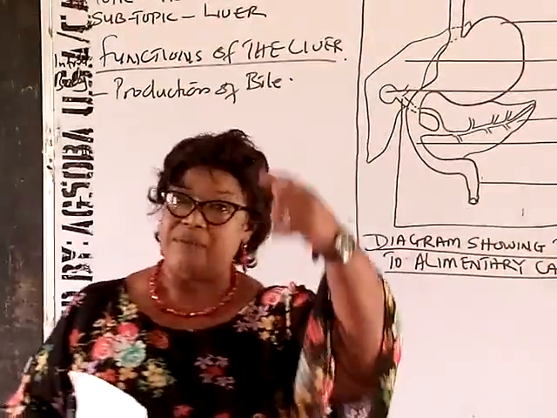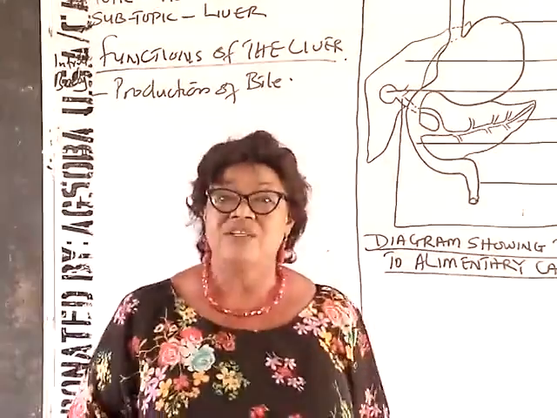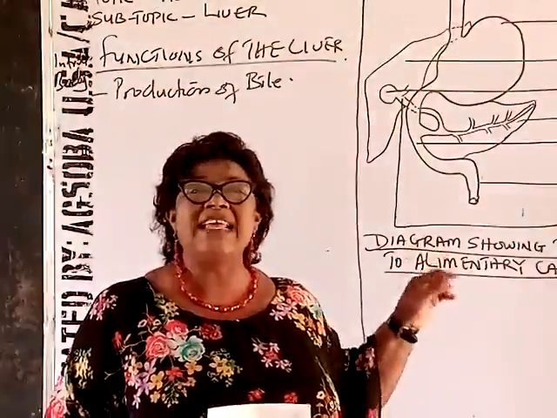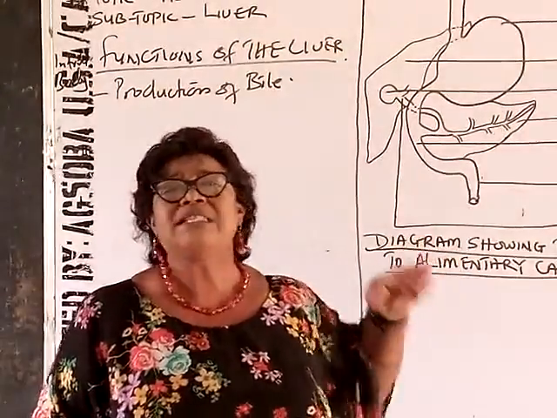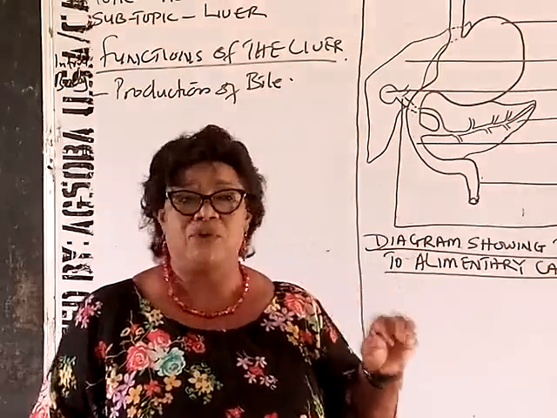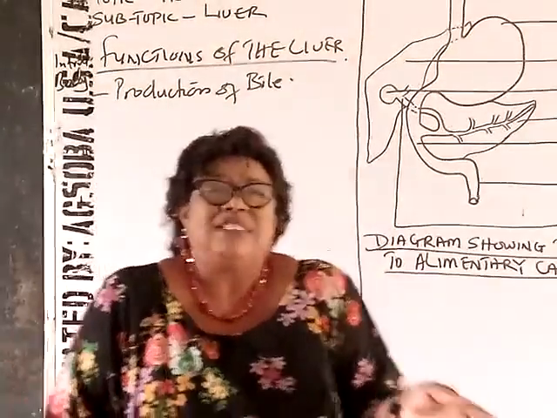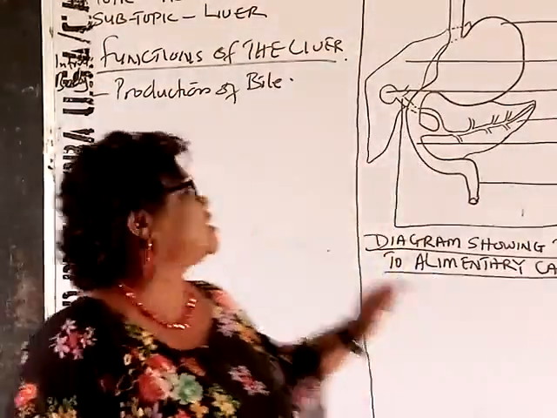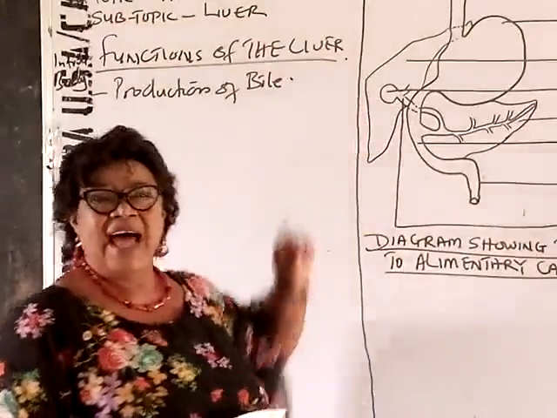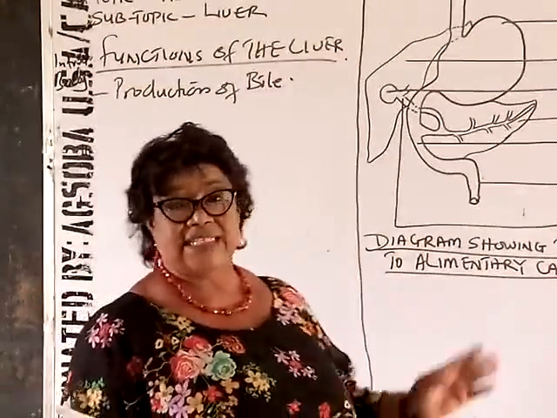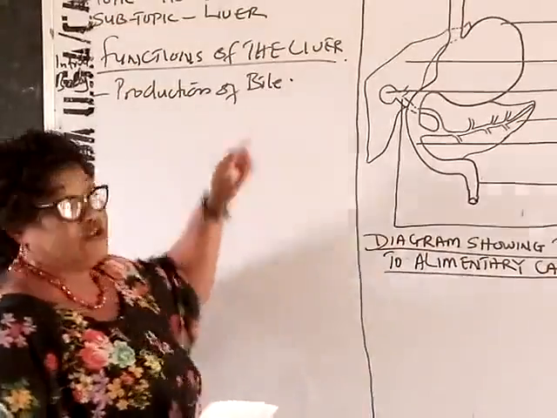I'm just trying to call your memory back to when you treated the digestive system. So the bile is the unwanted fluid produced by the liver from the hemoglobin of worn out cells, and stored in the gallbladder. That is how the liver is involved in the production of bile.